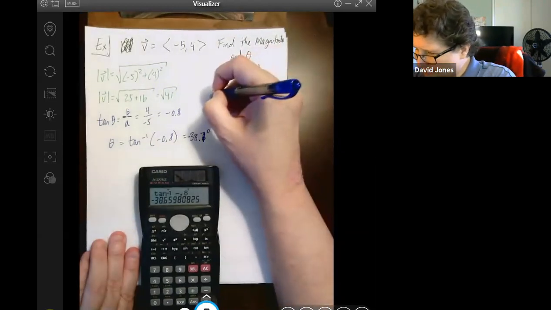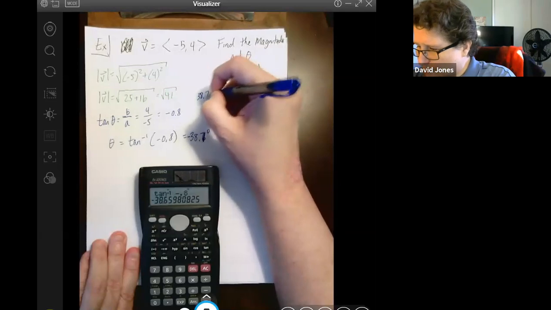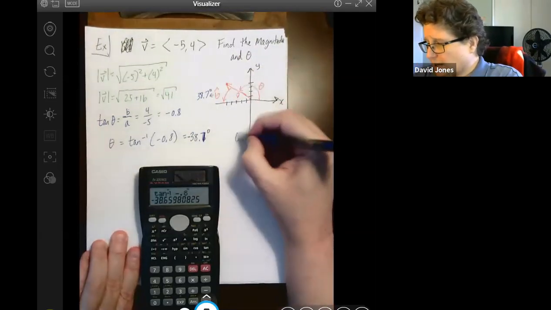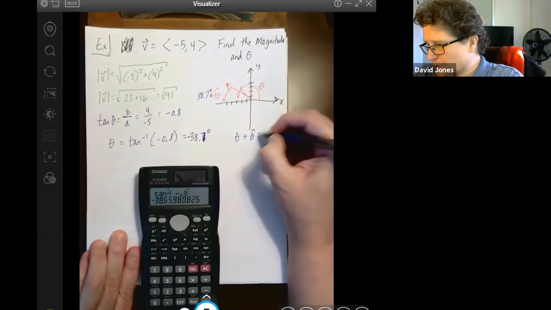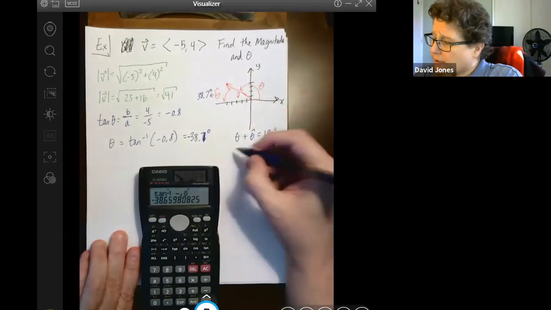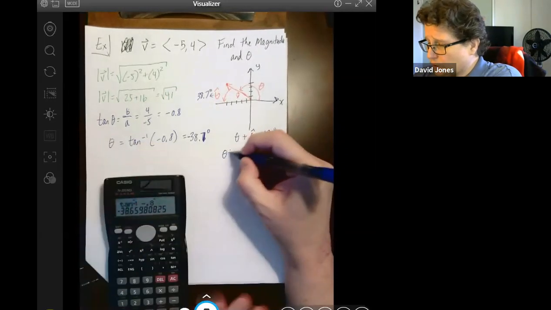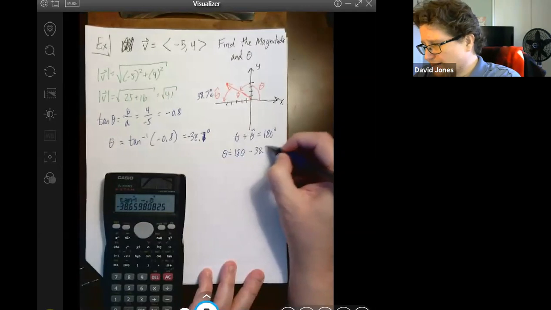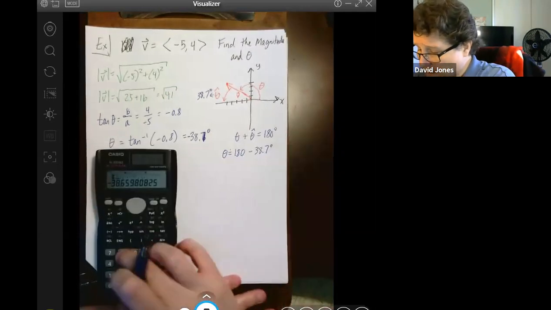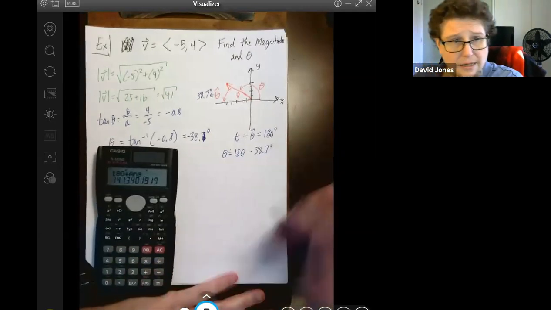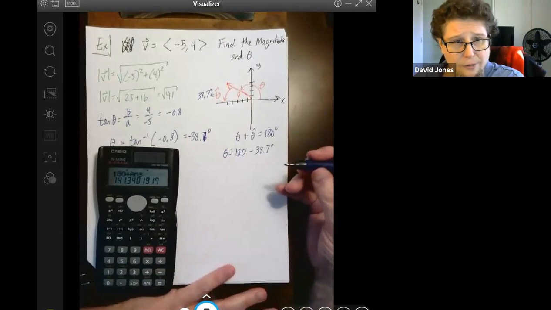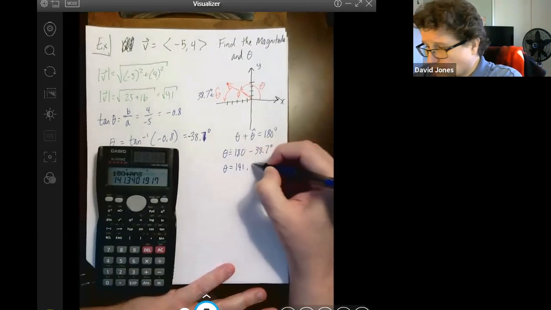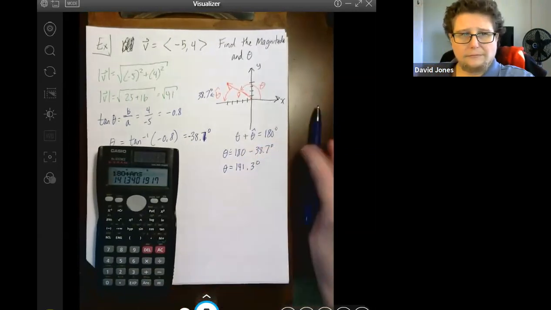So the absolute value of that is 38.7 degrees. It looks like theta plus theta hat have to add up to 180 degrees. So theta equals 180 minus theta hat, which is 38.7, is 141.3 degrees. Okay.